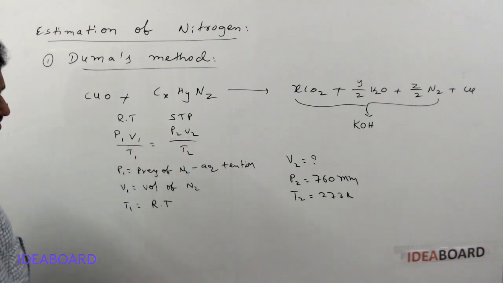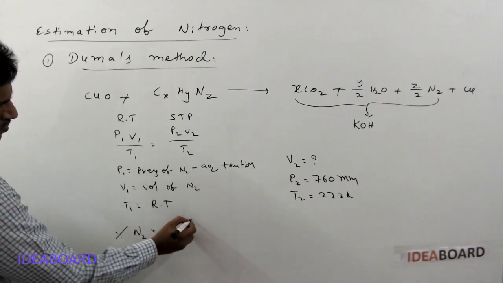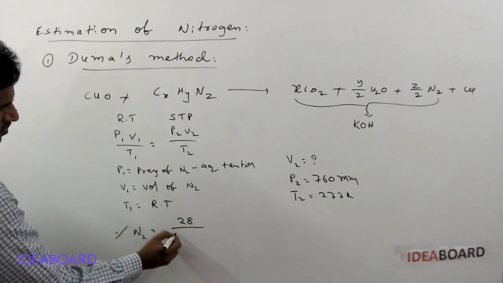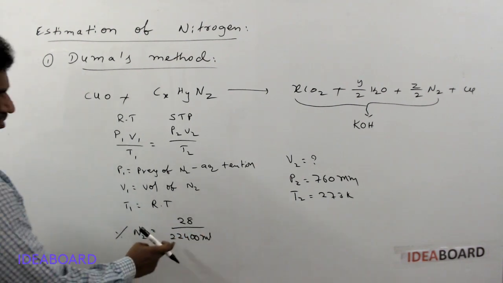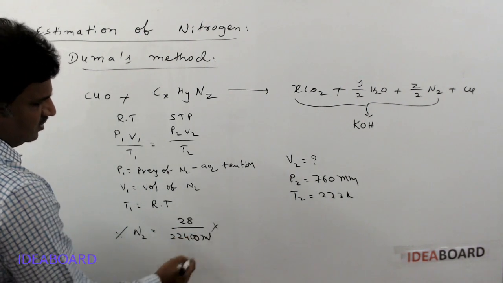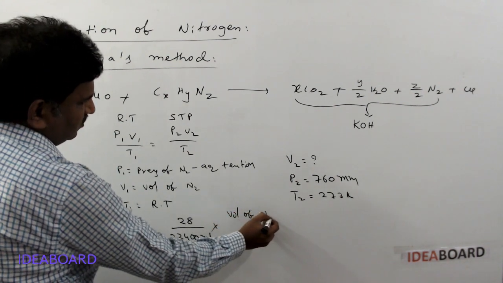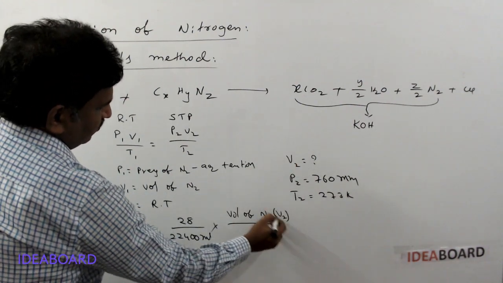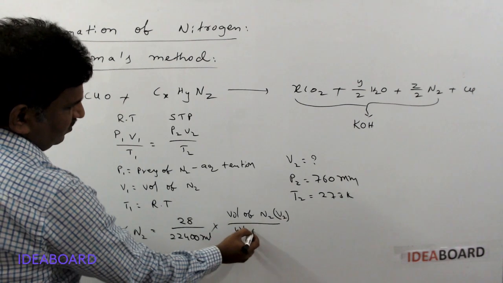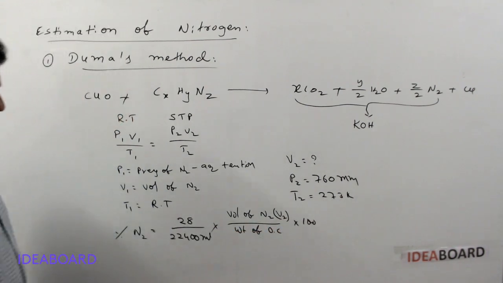From this V2 is calculated, and from that directly the percentage of nitrogen is equal to 28 by 22,400 ml, that is the volume nitrogen gas occupies at STP, into the volume of nitrogen which is collected, this is V2, so V2 by weight of organic compound into 100. Then we can calculate the percentage of nitrogen.